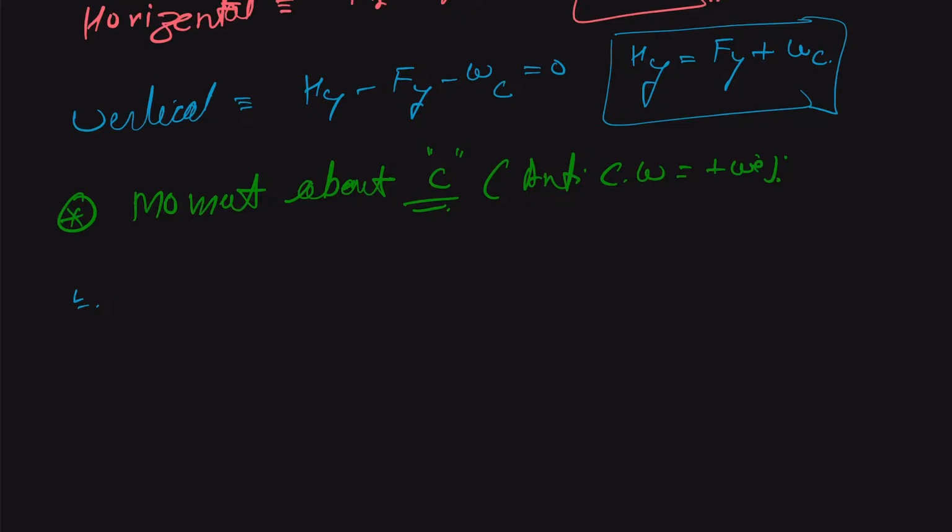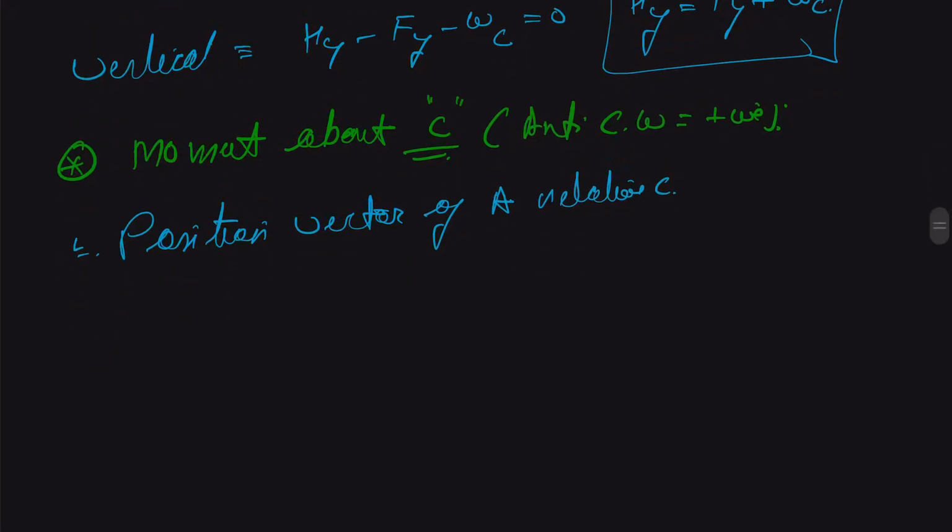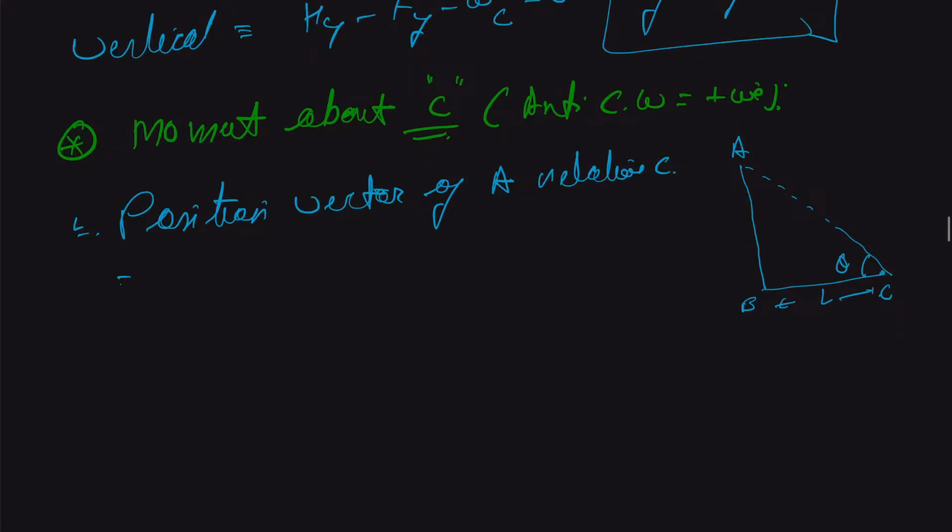First of all, let's define the position vector of A relative to C. If we draw, this is our A point, this is our B, and this point is C, and this angle is given to us as theta, and length BC is our L. Therefore, the position vector of A relative to C can be written as negative L, and then the y will be coming as L tangent of theta.